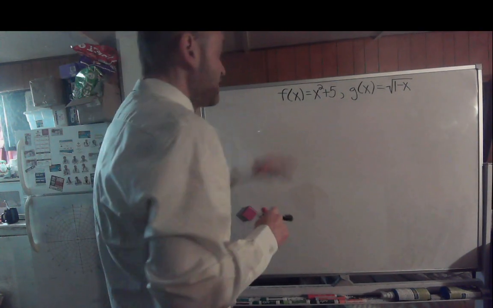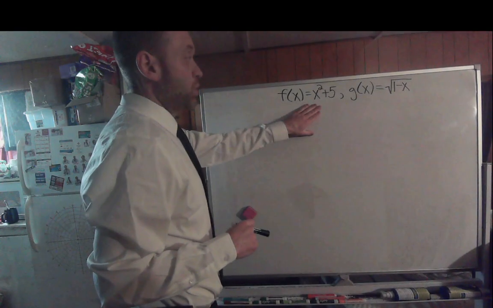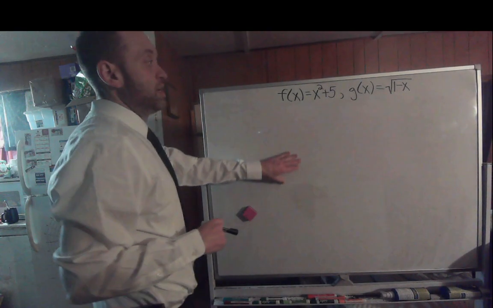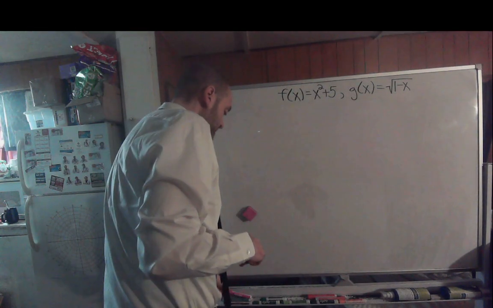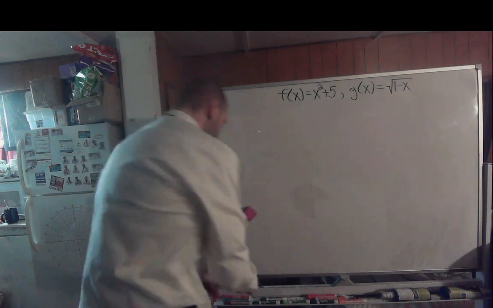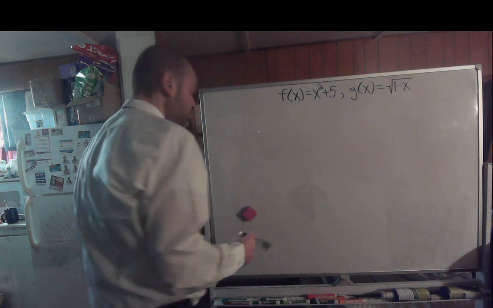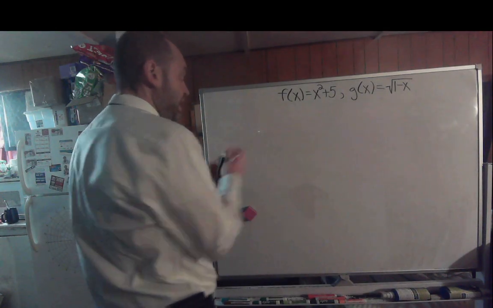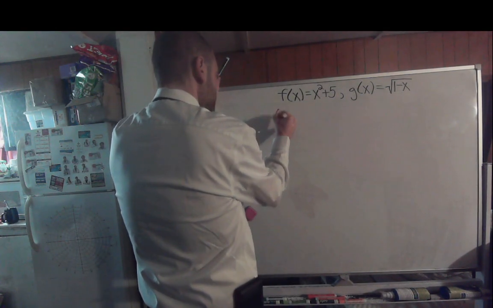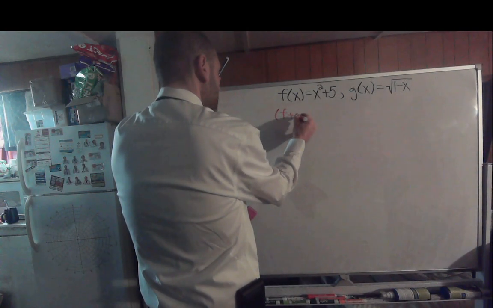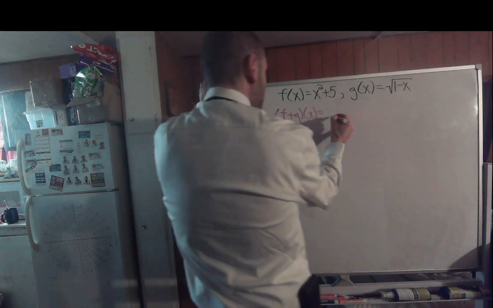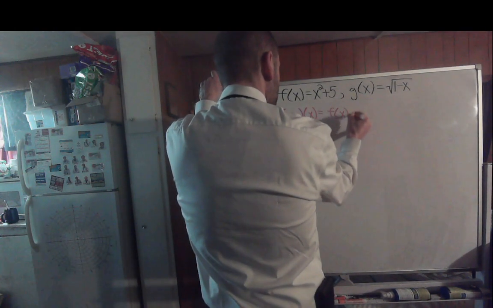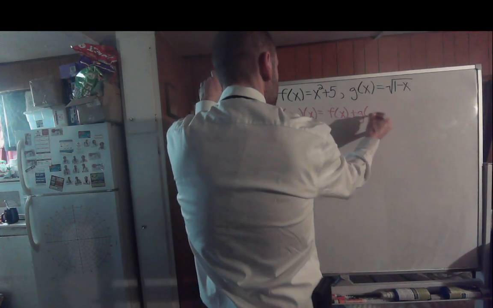Alright, so we have f of x equals x squared plus 5. G of x would equal the square root of 1 minus x. So we can do f plus g of x, which would simply end up being f of x plus g of x.